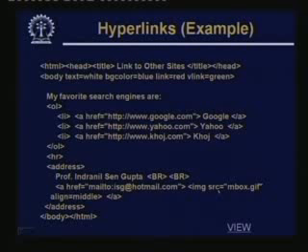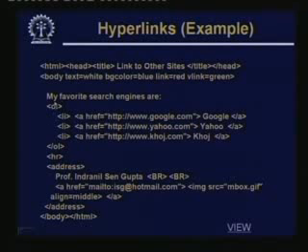Okay. Here we give a very simple example of a hyperlink. So, the beginning HTML and body are the standard things. Well, this is just an example which lists some of the search engines. Well, as you can see that within the body, the first text displayed is my favorite search engines are.